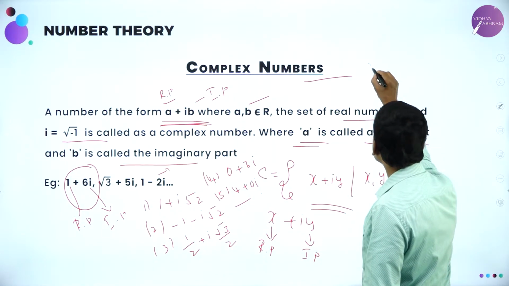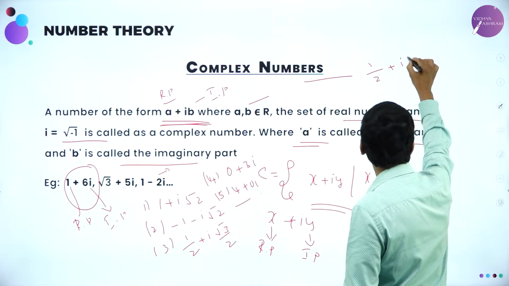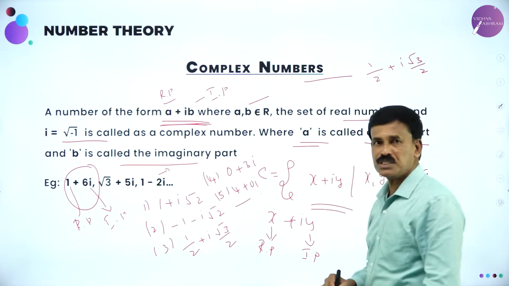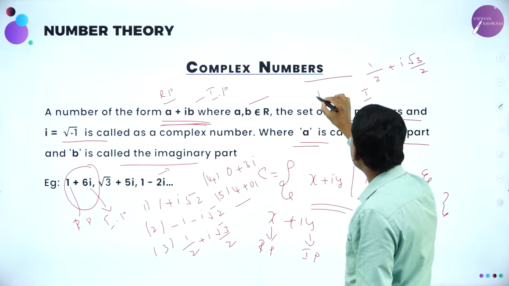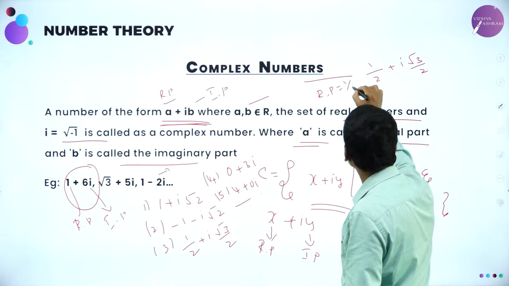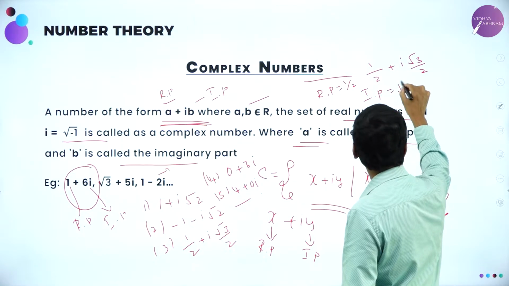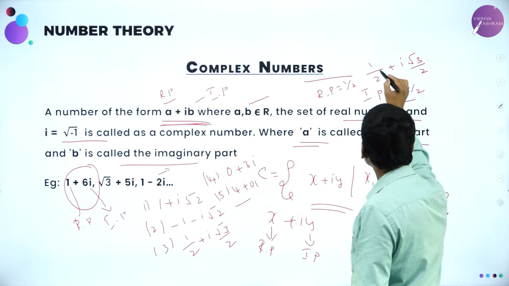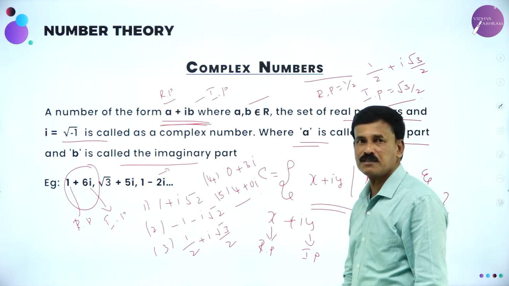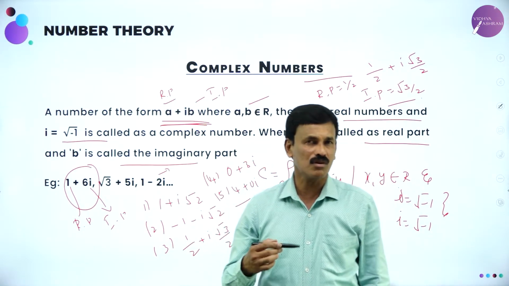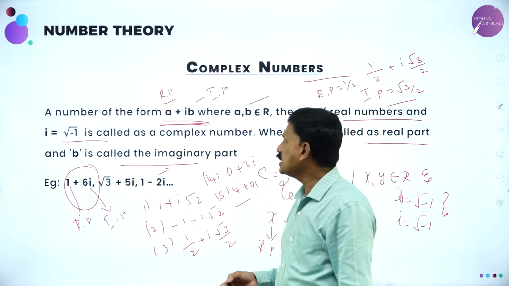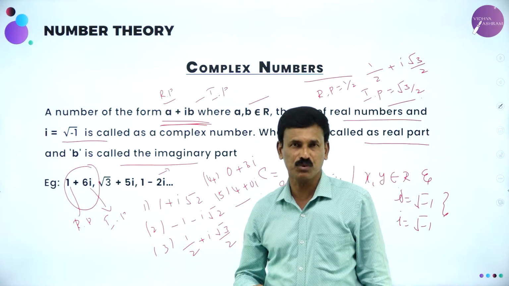Let me take one more example. 1 by 2 plus i into root 3 by 2 is a complex number. Here the real part is 1 by 2 and the imaginary part is root 3 by 2. So any number can be expressed as a complex number with a real part and an imaginary part.